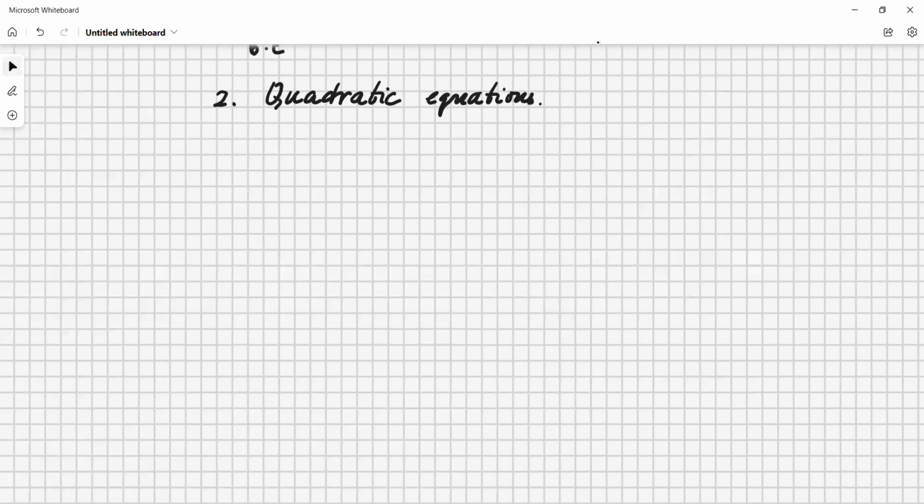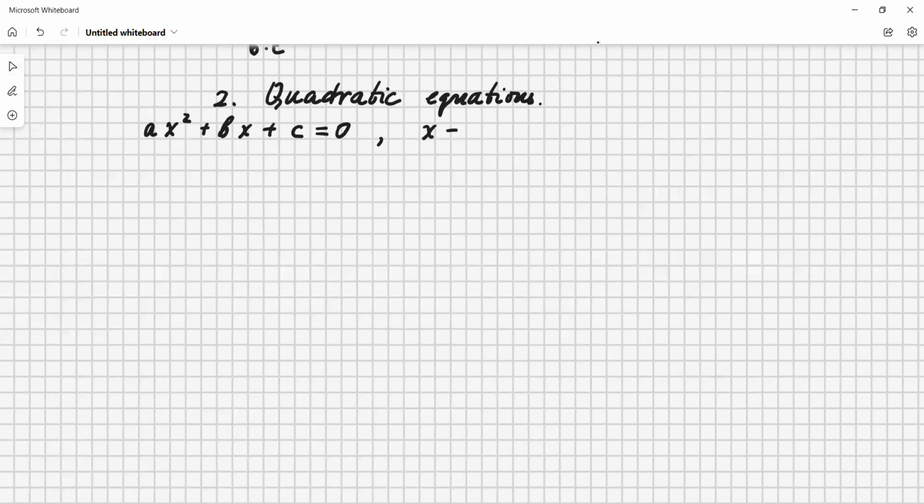Well, what are quadratic equations? Quadratic equations in the general form are going to look like this: ax squared plus bx plus c equals 0. So the difference between linear and quadratic is that it's going to have an extra term, x squared.